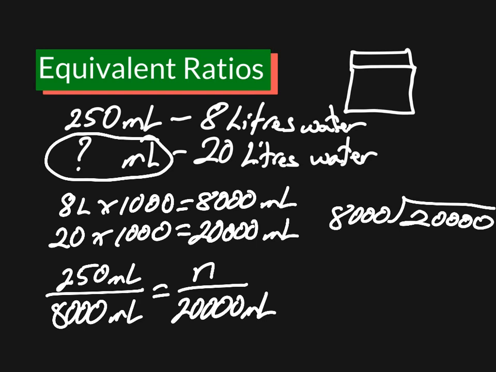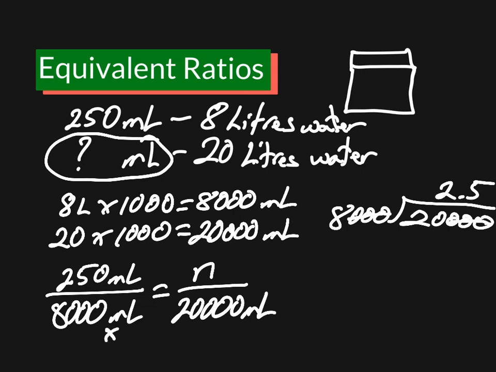Okay, and here's a little trick in case you didn't know. If you have a number that ends in zeros divided by zeros, you can cancel out some of the zeros. So here I'm going to take off the 3 zeros at the end of 8,000 and 3 zeros at the end of 20,000. So 8 goes into 20, 2, and it's going to be 2.5 times, so that's where the decimal comes in.